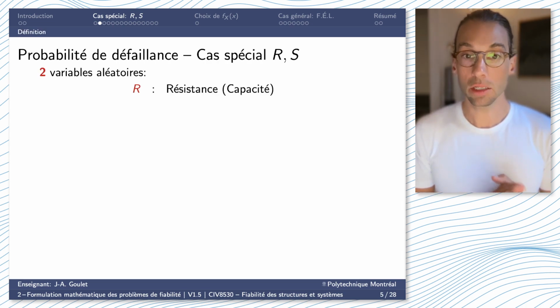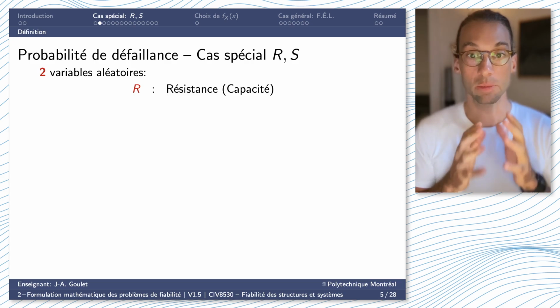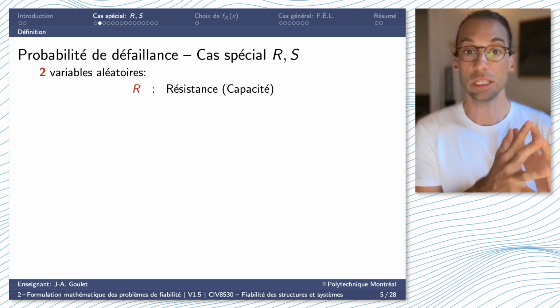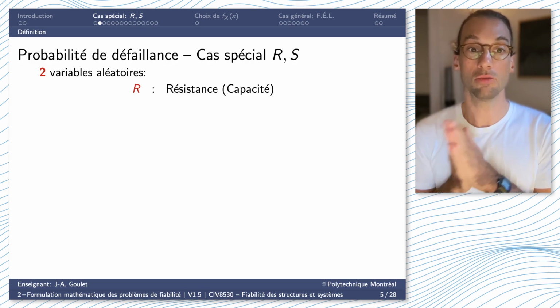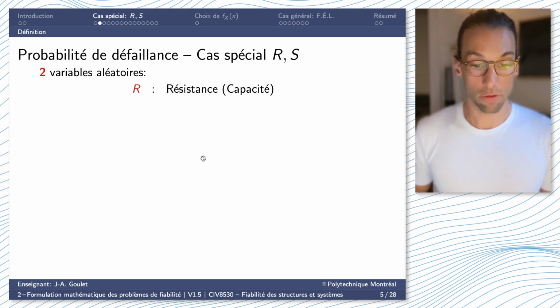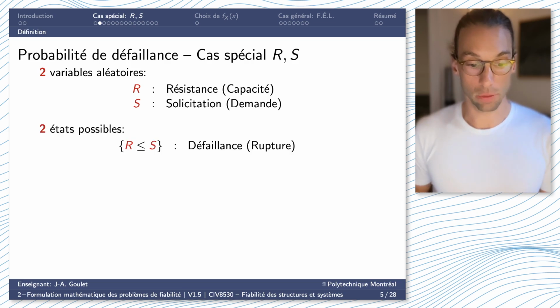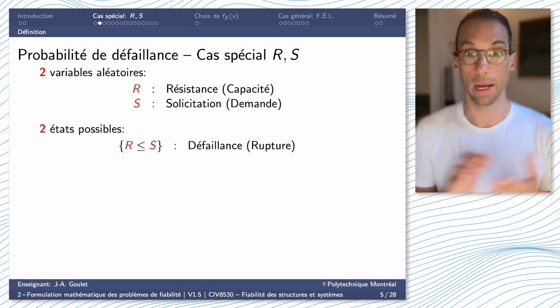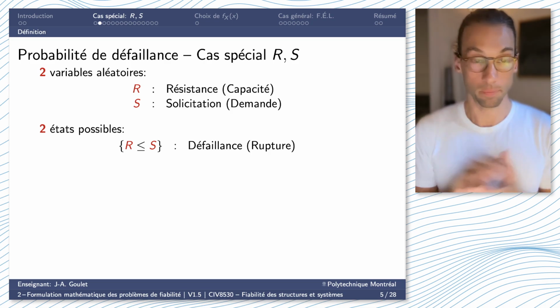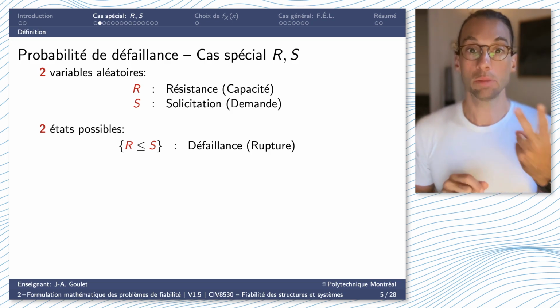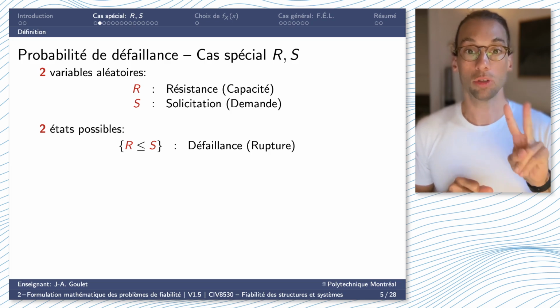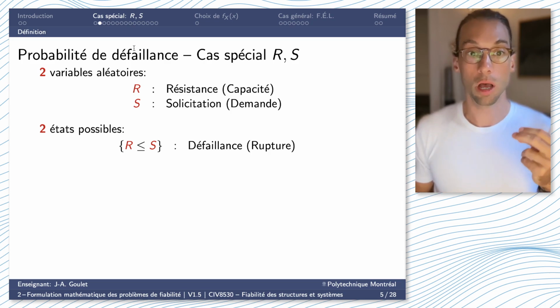So first, let's start with the special case where we explicitly define the resistance and solicitation as random variables. My first random variable R models the resistance. The second one, S, models the solicitation, so the force applied on my bar, if you want. I'm going to have two possible states because in reliability, remember, there are only two states: either failure or survival.